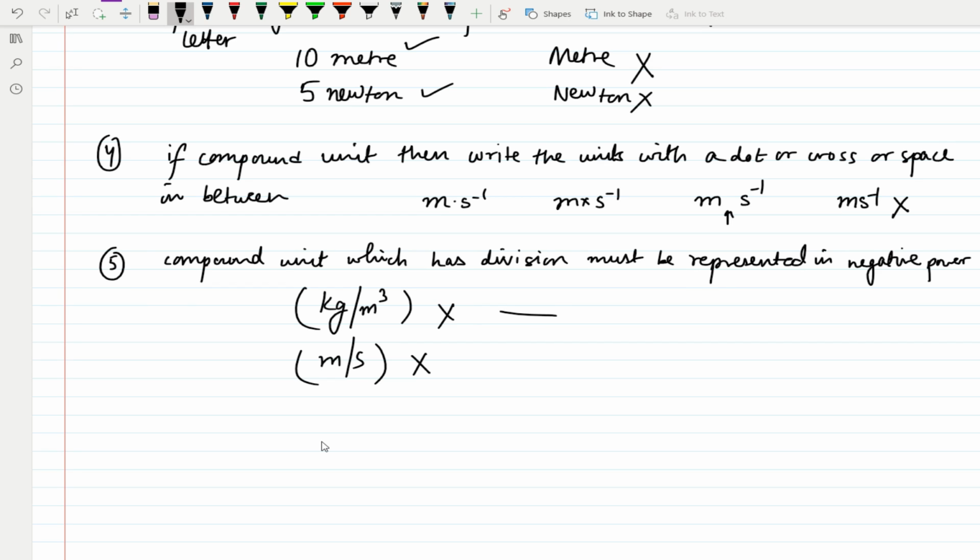That means you have to write kg per meter cube as kg m minus 3, and meter per second as m s minus 1.